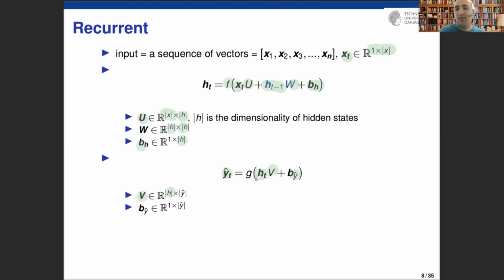V is a matrix with the size of H times the size of y-hat, and the bias is a vector with the size of y-hat, or the number of output labels that we have. Okay, so that's it.